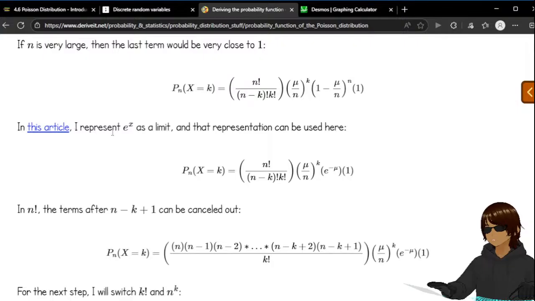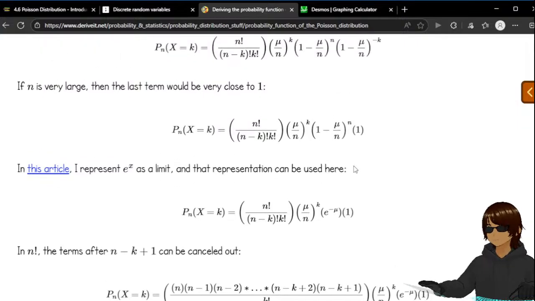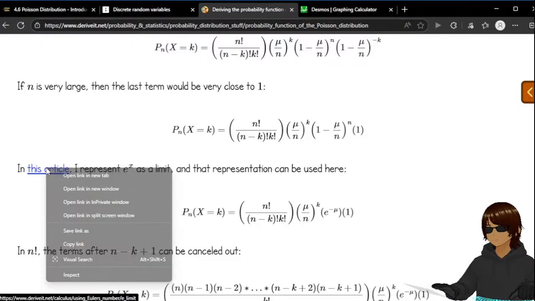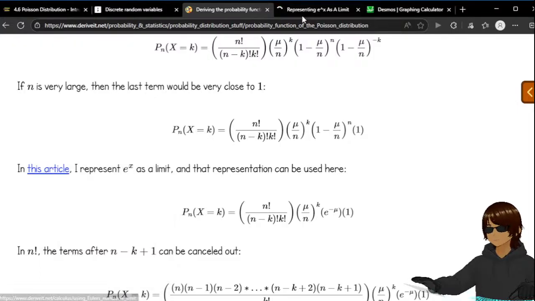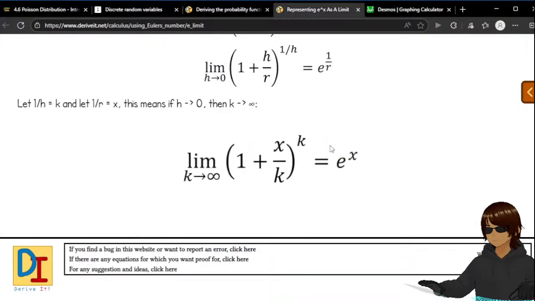This article represents e to the power of x as a limit, and that representation could be used here. So e to the power of x is 1 plus x divided by k, to the power of k, taken all the way to infinity.